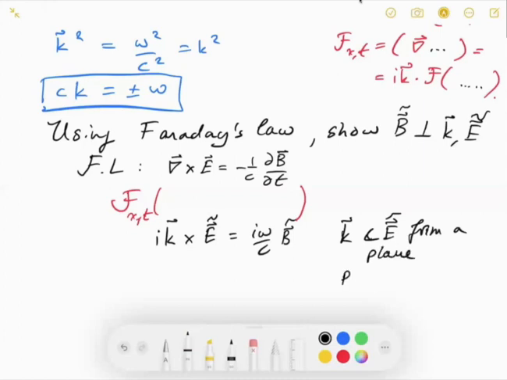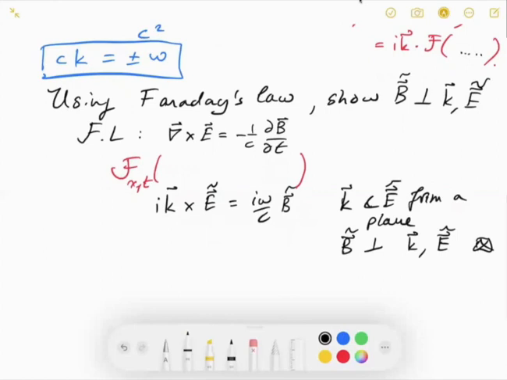And B is perpendicular to that plane. So perpendicular to both K and E. Done.